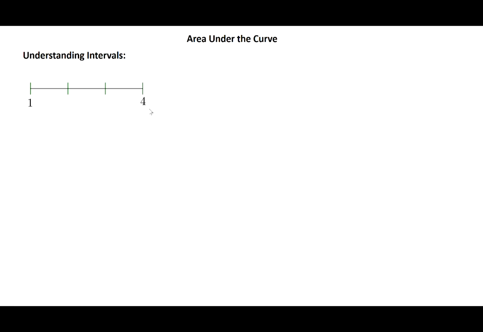So now the question is, how did we figure that out? Is there some kind of a formula that we can come up with? How many sub-intervals did we split this into? 3. Okay, what's the width of this whole interval? Does the question make sense? What's the width of this whole interval from 1 to 4?